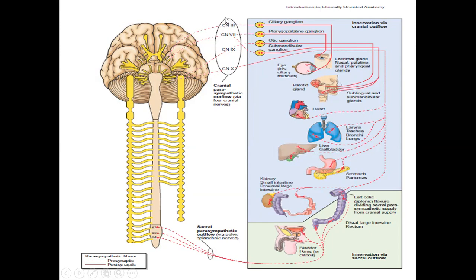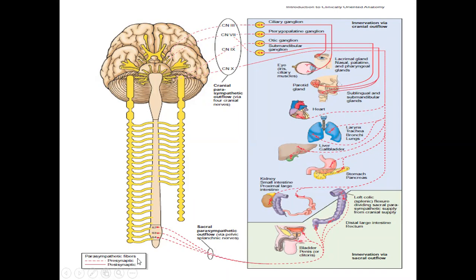The cranial nerves like the third, seventh, ninth, and tenth supply the eye, the salivary glands, and some supply the lungs. From the lower part of the sacrum, the nerves supply the lower part of the GIT, the urinary bladder, and other structures. So these are the parasympathetic.